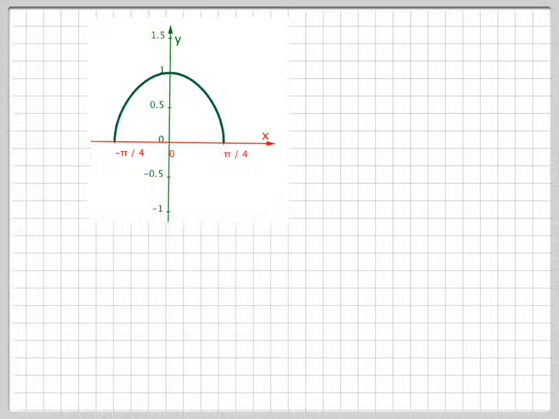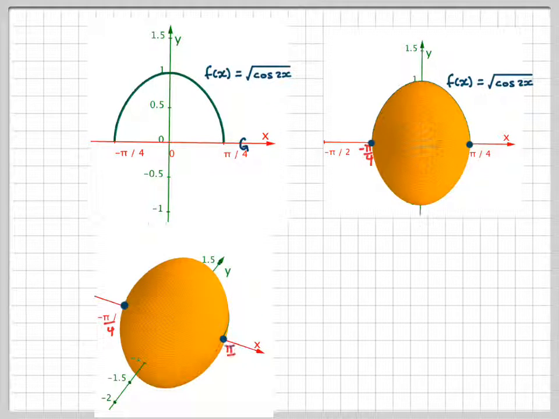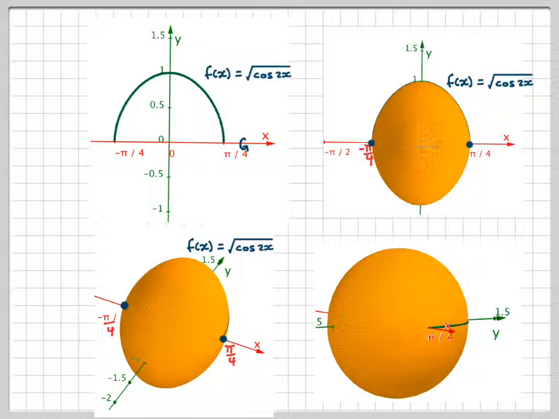Right, some screenshots of what we've just done: the original function, and then the functions rotated round at different angles. Have a look at it.